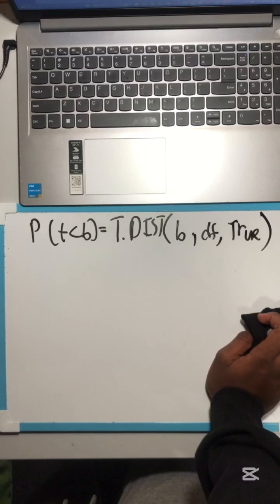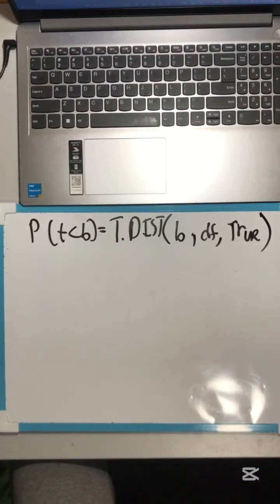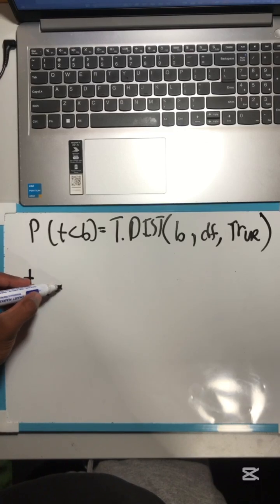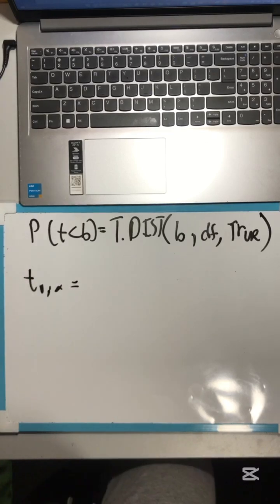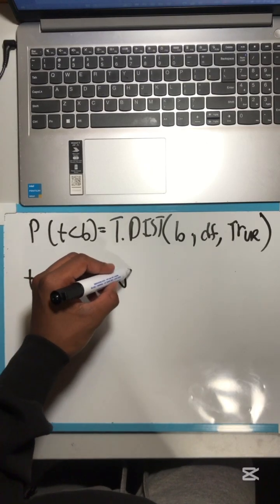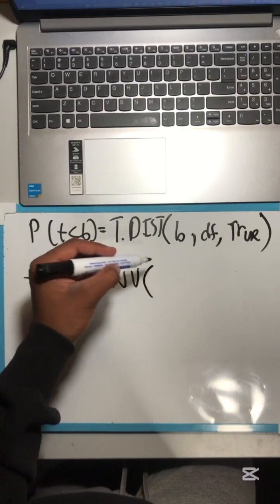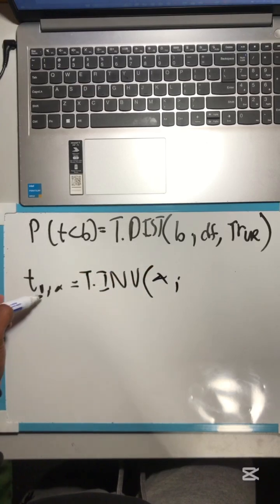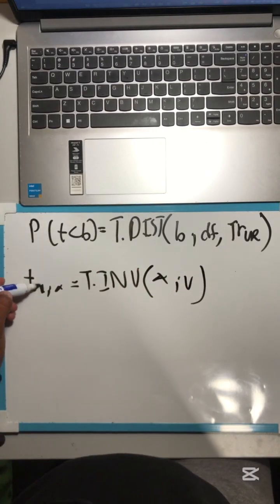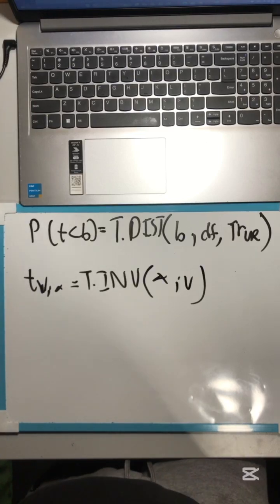This is how you construct Excel. Or you want to find the value of t with v degrees of freedom and the value of alpha. In the lines of t dot inv. T dot inv ufake i-value of alpha and your degrees of freedom, which are denoted by v.